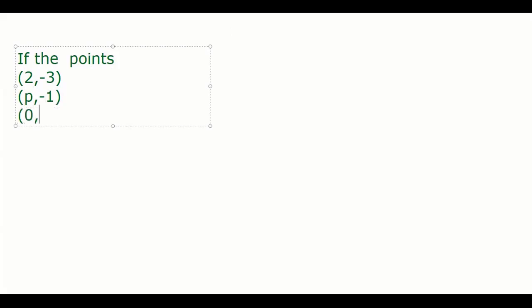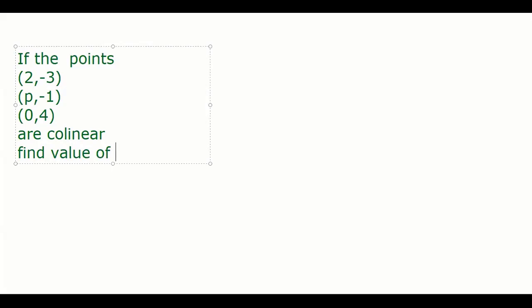If I say, if the points 2, minus 3, p, minus 1 and 0, 4 are collinear, find the value of p.